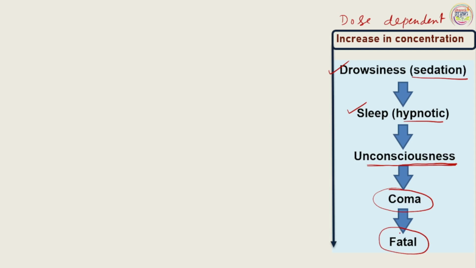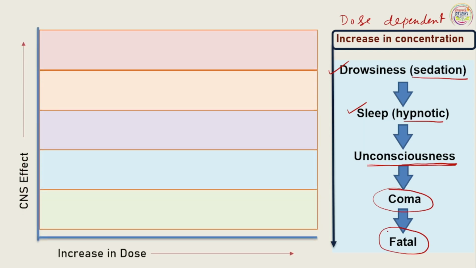As we have said, barbiturates have been replaced due to their high risk of causing addiction or fatal overdose. Now we'll see the comparative CNS effect between barbiturates and benzodiazepines.